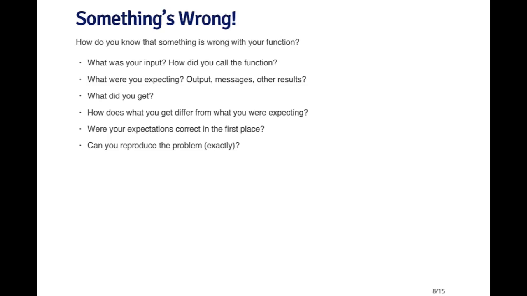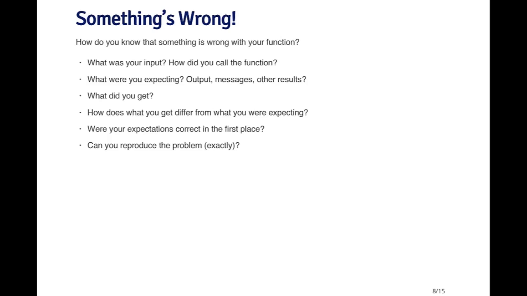Another key aspect of debugging is that you have to be able to reproduce the problem. Because if you can never reproduce the problem, you'll never have a chance of figuring out what went wrong, because it only happened that one time. So this is very, very important.